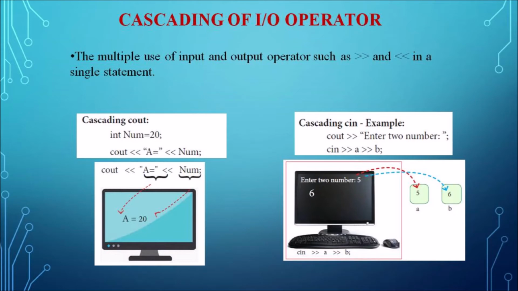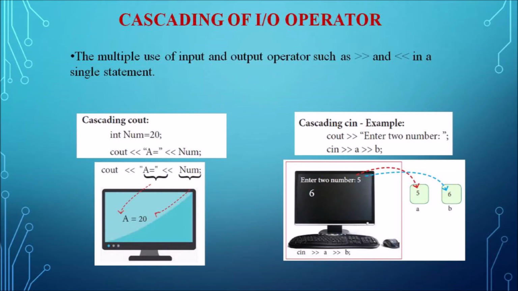Whatever is given within the double quotes will be displayed as it is given on the monitor. In case a text or a string is not given within double quotes, it is understood that it is a variable, and it has some value in it. That value will be displayed on the monitor.